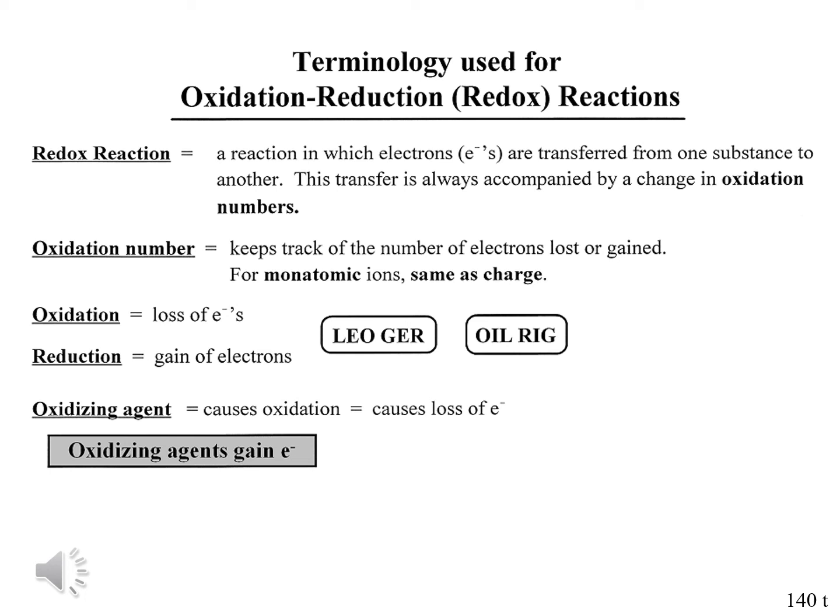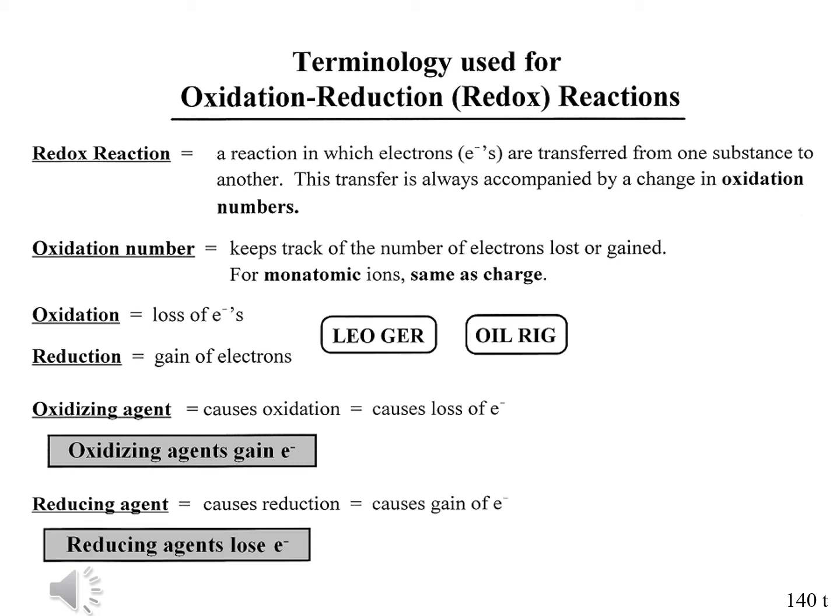These are the ones that gain electrons, and I put this in a box because this is probably the most important use of the terms that chemists use. A reducing agent has to cause reduction. How do you cause someone to gain something? You have to give it to them. And so reducing agents give electrons to other substances, and therefore reducing agents are the losers.